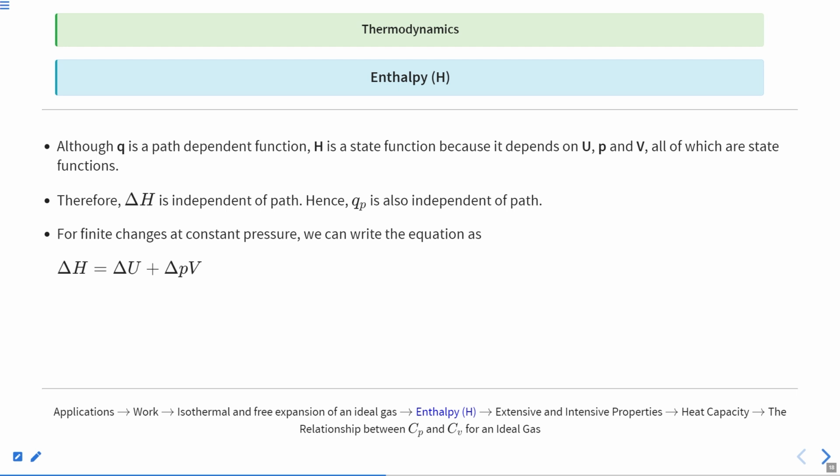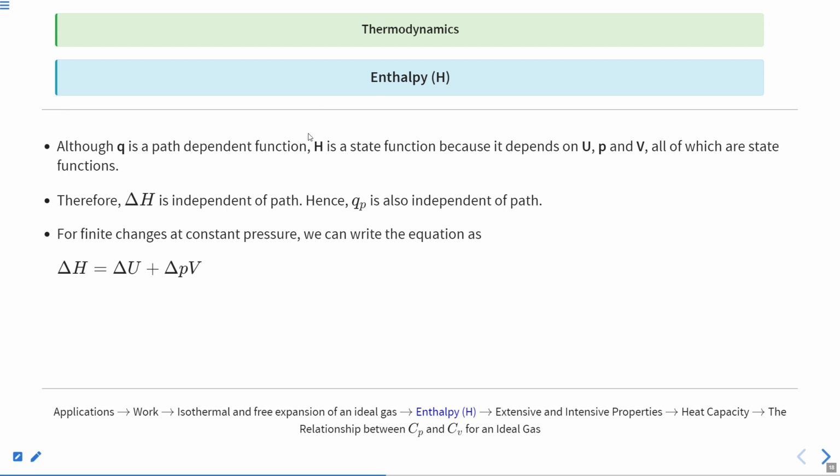Now if you calculate the work done or the heat exchange, then these both terms can be different for both paths. Although we are reaching the same state, your work done and heat change will be different for the irreversible and reversible path.